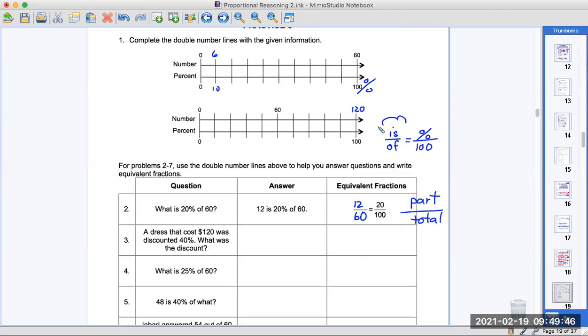So this little sometimes helps. Whatever is associated with the word is, 12 is, goes here. Of, the word of goes here. The percent goes here. And this is always 100. So hopefully that helps a little bit.